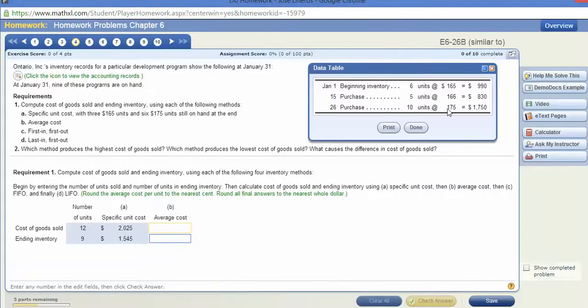And then the other thing that you calculate in addition to the units is the total dollar values. Don't pick up the per unit cost. Pick the largest dollar amount here, which is the dollars available for sale. Units available for sale, largest number possible. Dollars available for sale, largest number possible. So let's take 990 and 830.